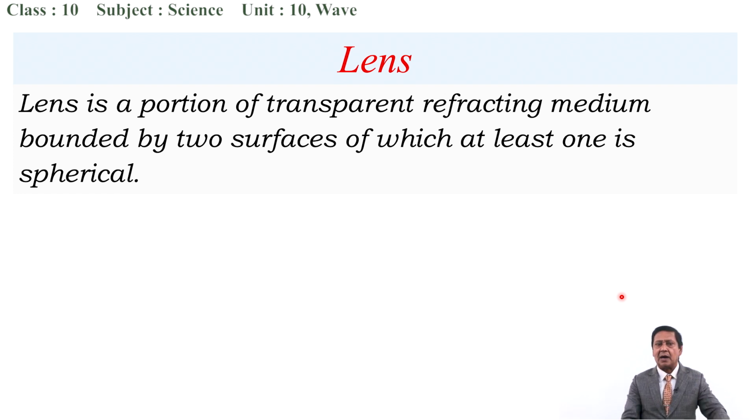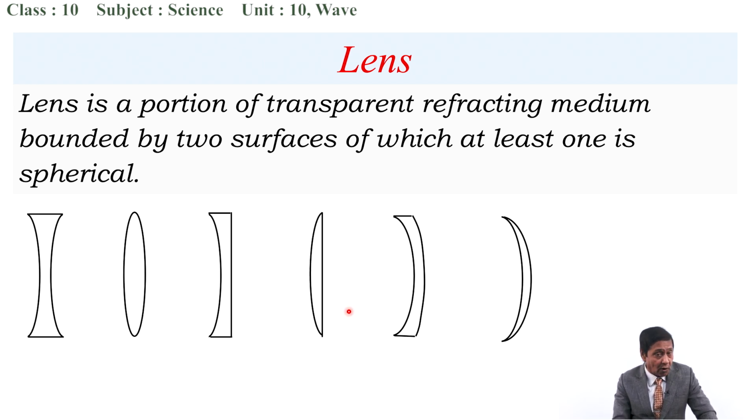Okay, now have a look at different lenses. I'm going to present some diagrams of lens. All these are lenses. Yes, each is bounded by two surfaces. From this surface, light is not designed to enter, so I am not counting this surface.